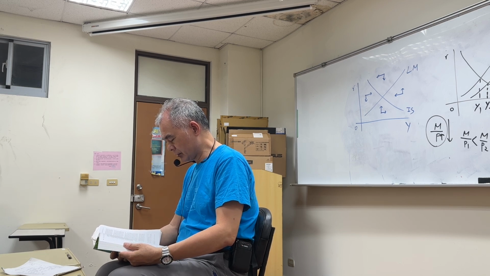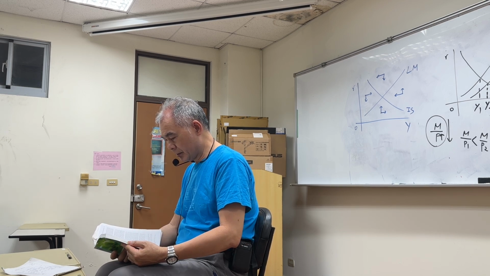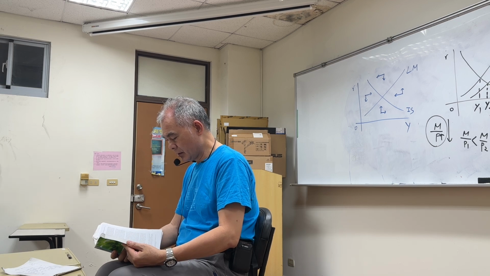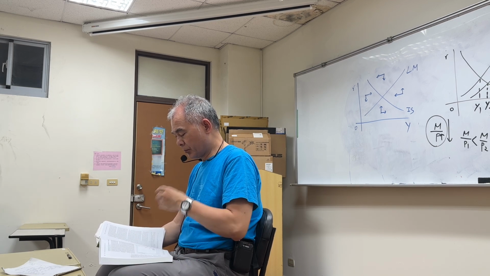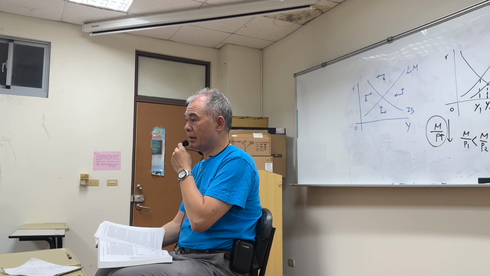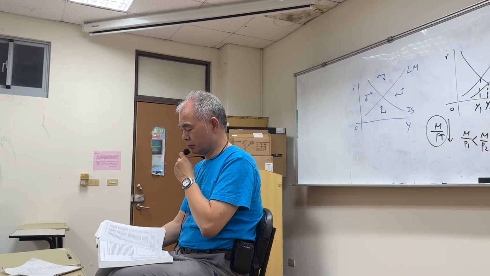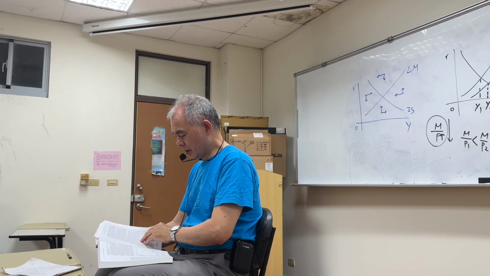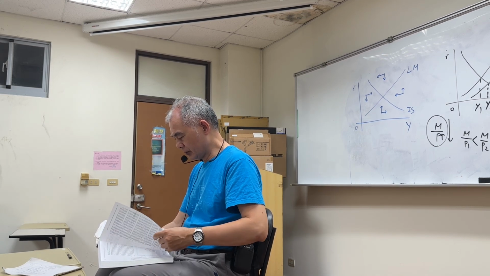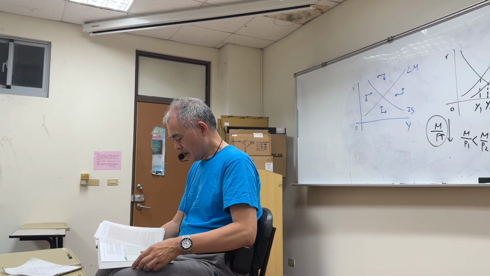So here at page 366, it said price level goes up. So price level goes up, it's going to affect the economy negatively. So the full employment curve will shift to the left, and the LM curve will shift to the left as well.